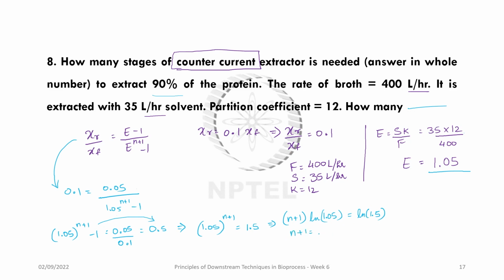So n plus 1 is equal to ln 1.5 by ln 1.05, which is equal to 0.405 divided by 0.04, which gives me an answer of 8.3.